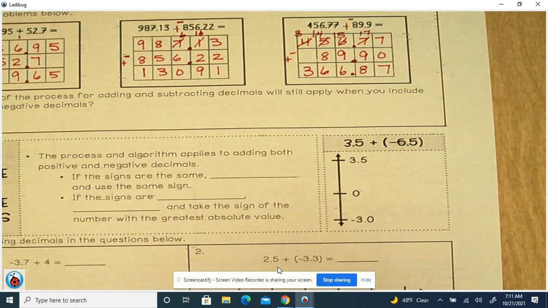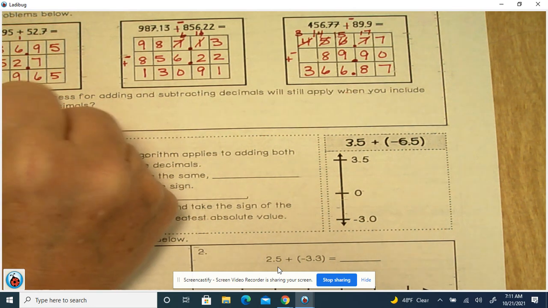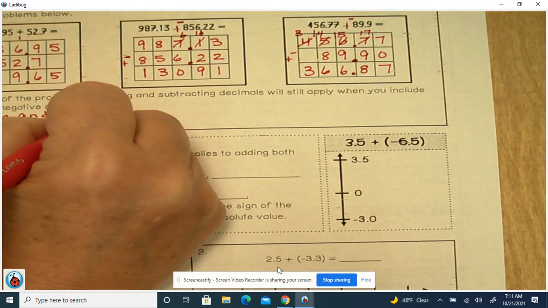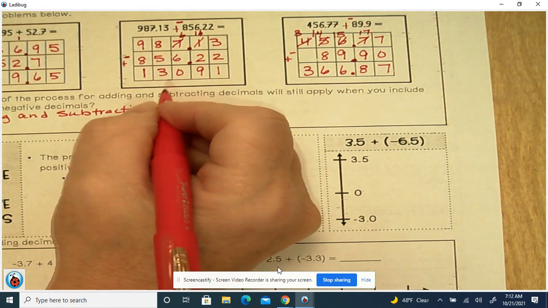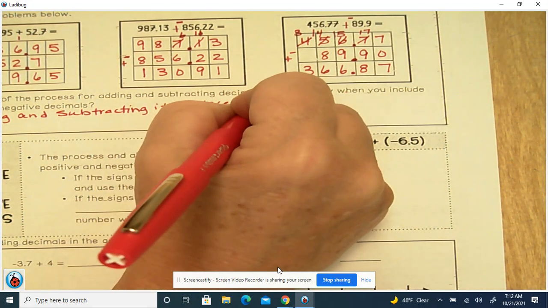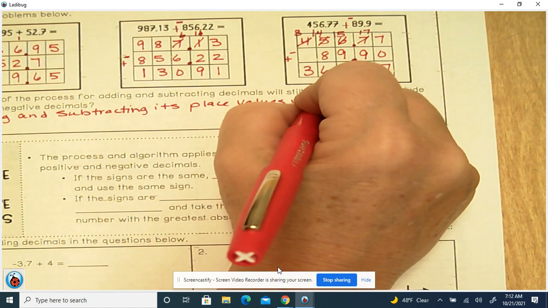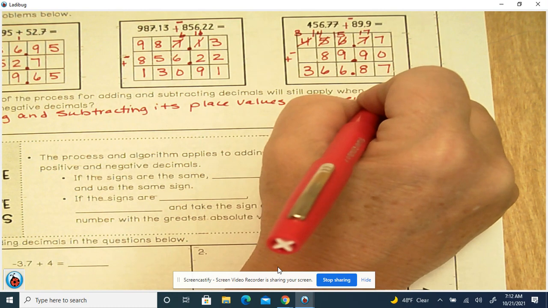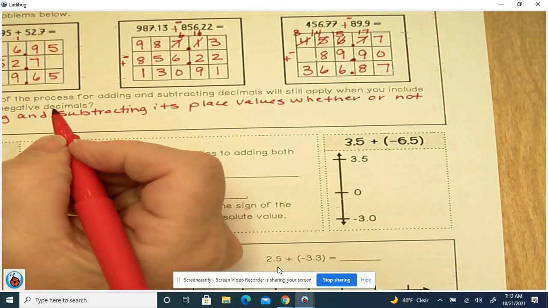Adding and subtracting like place values will still apply whether or not values are negative or positive.